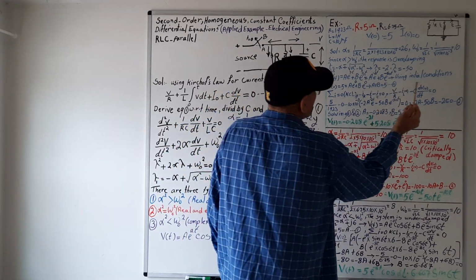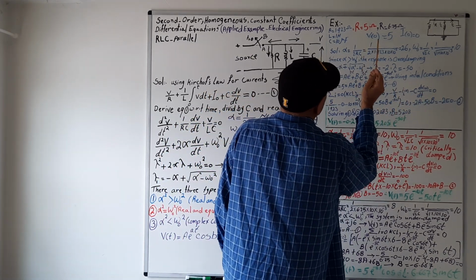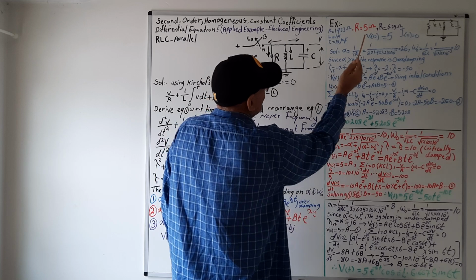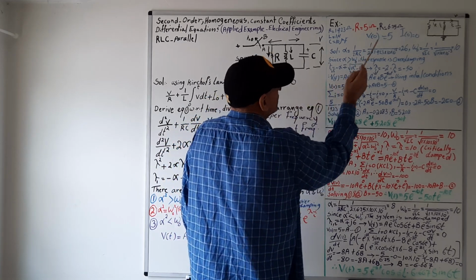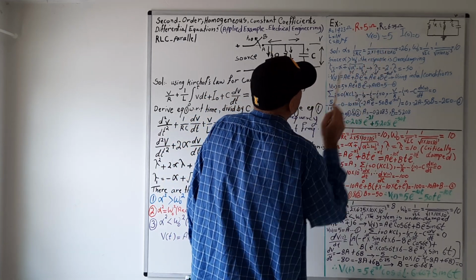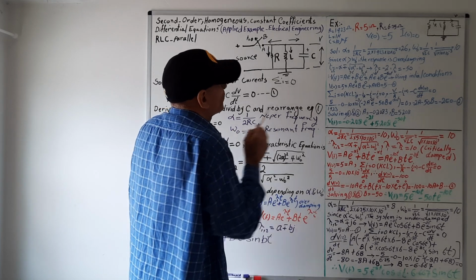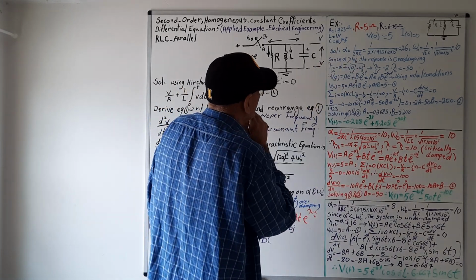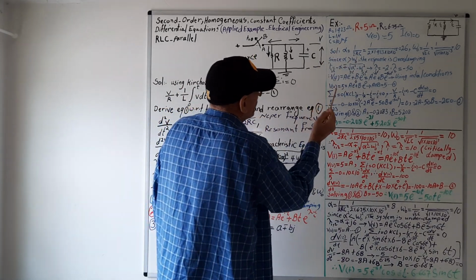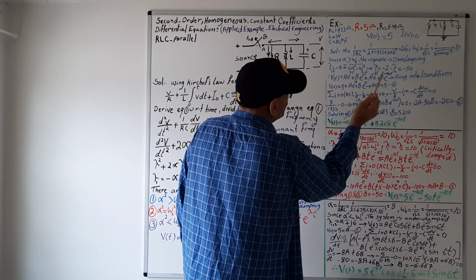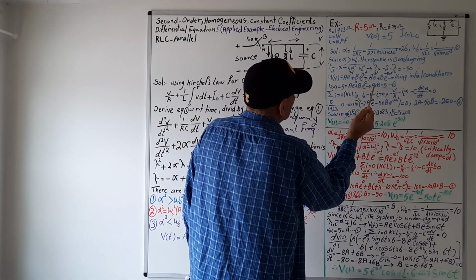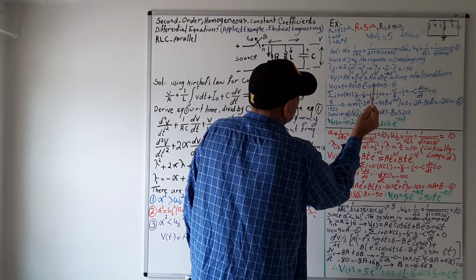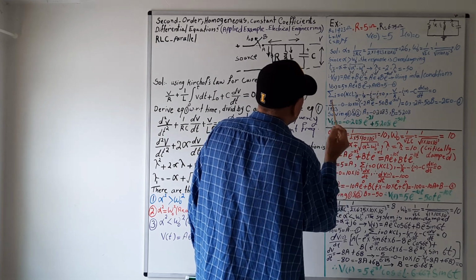We use the initial conditions here. V at time equals 0 is 5 volts, and the current is 0. So here we put 5, and then for every t we put 0. So the first equation is A plus B equal 5.